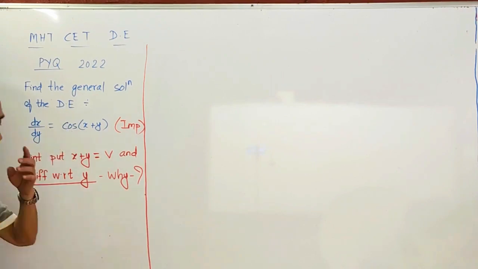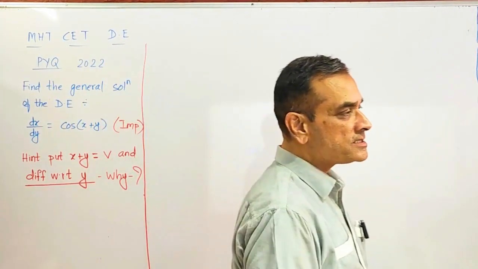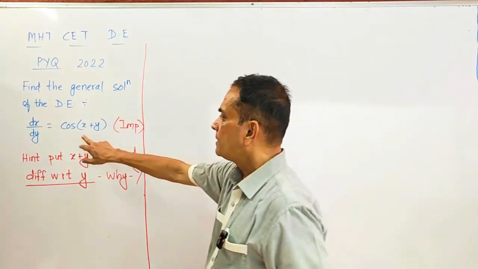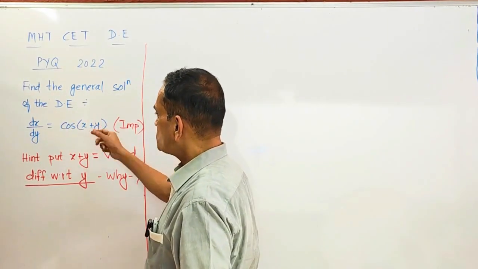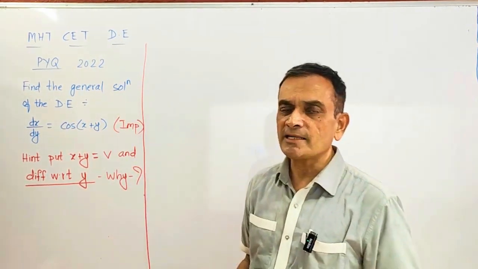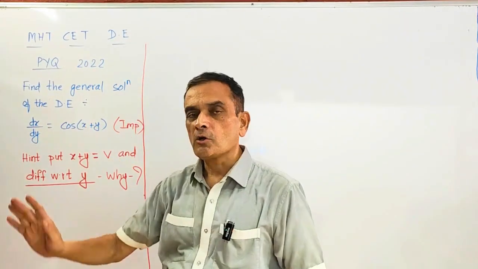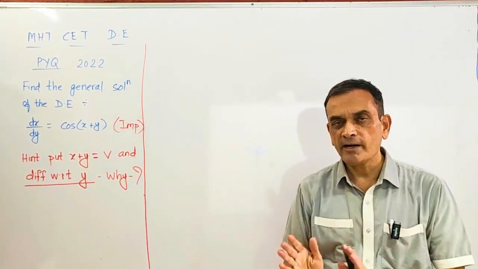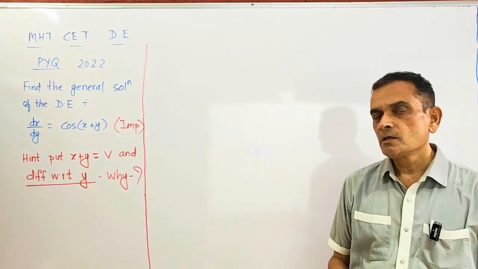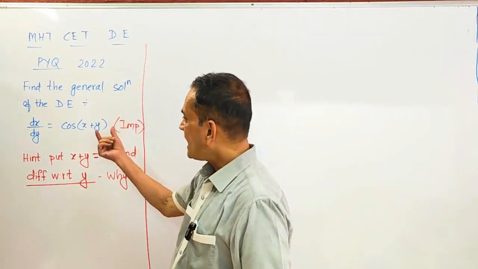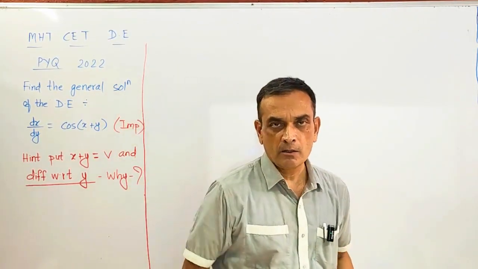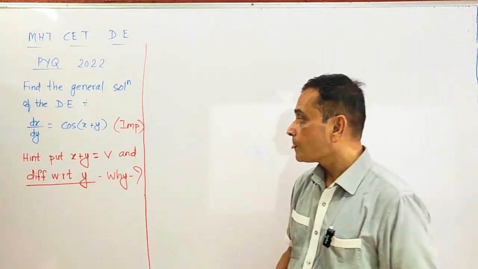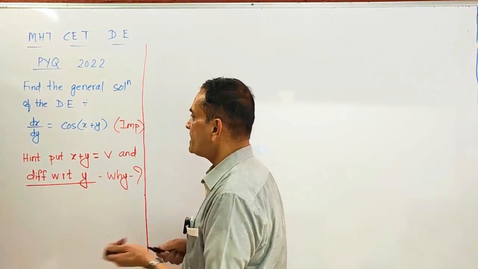Now usually when the angle is given in terms of both x and y, the angle in front of cos, x plus y, cannot be separated out. You cannot separate out y along with dy, x along with dx. So that full angle has to be substituted. Therefore put x plus y equal to v.